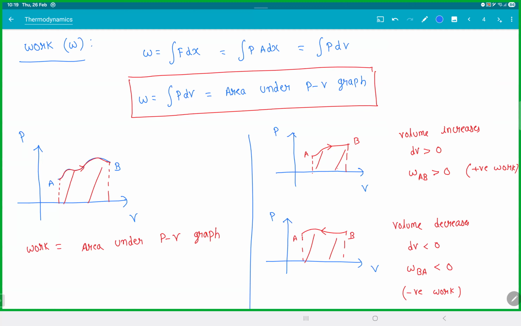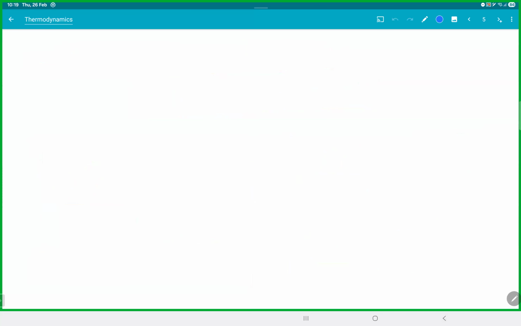What is a cyclic process? So a cyclic process is if a gas undergoes different processes and comes back to the initial state.